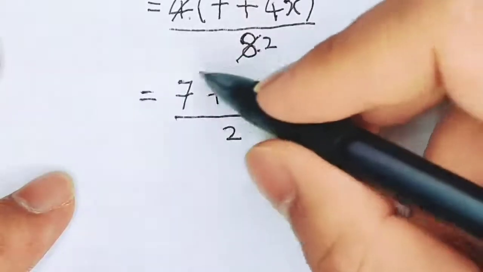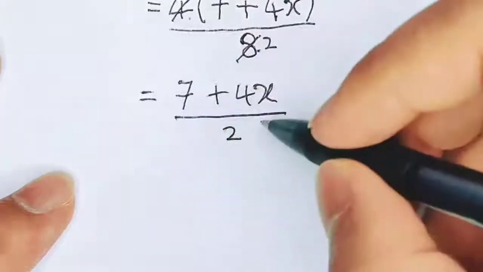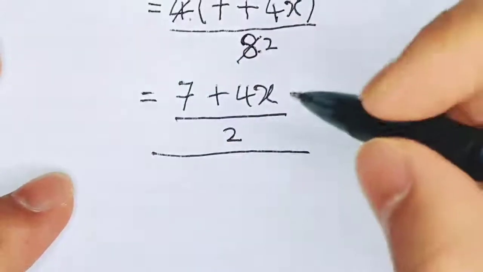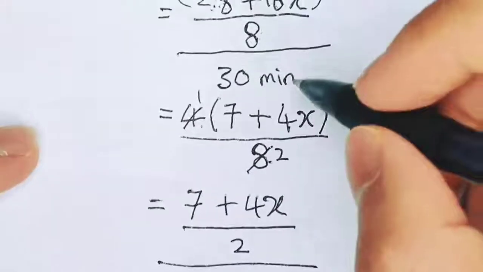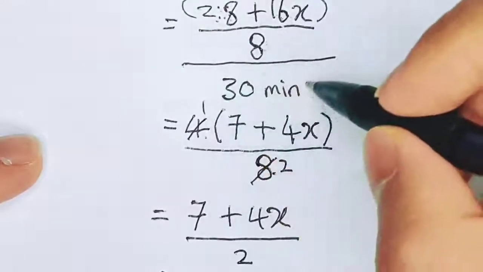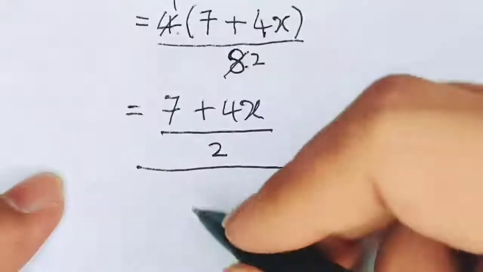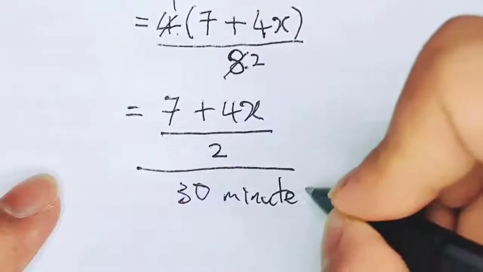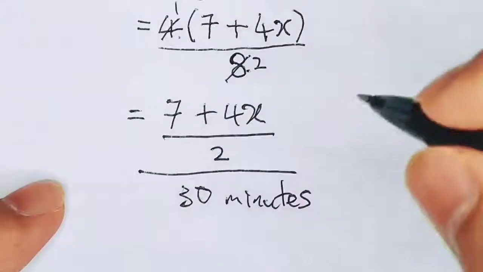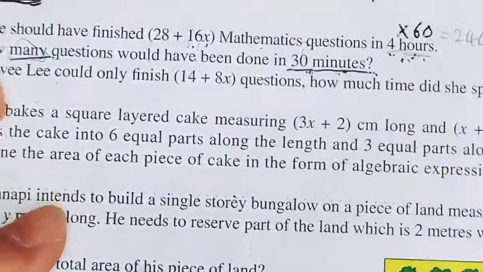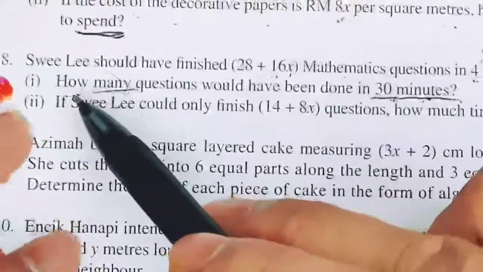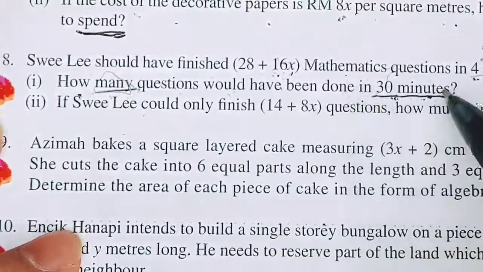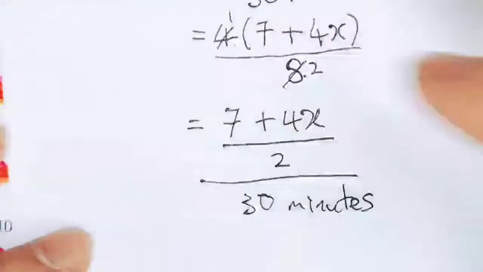And this represents how many questions we can solve in just 30 minutes. So back to the question, how many questions would have been done in 30 minutes? Here it is.